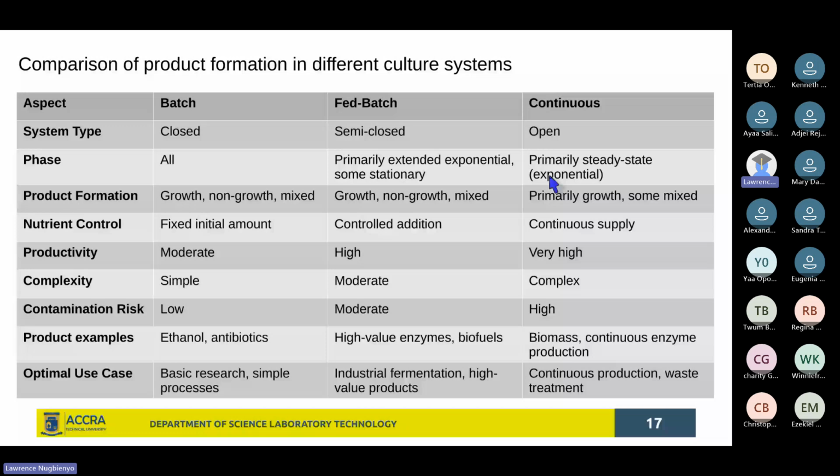But for the most part, the production in a continuous system occurs in a steady state, because the system is controlled in such a way that production occurs with already mature cells, so that even though you have a flow of medium into the system constantly, it gives the opportunity for more cells to be reproduced, grow, and reach the steady state. And in the steady state, you have the production of these products.